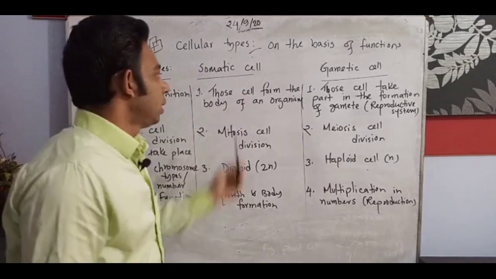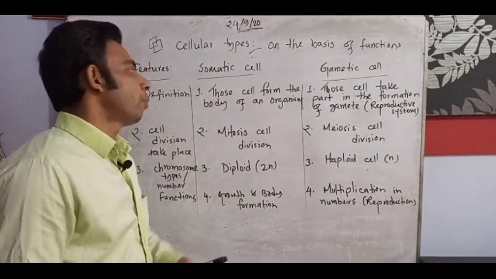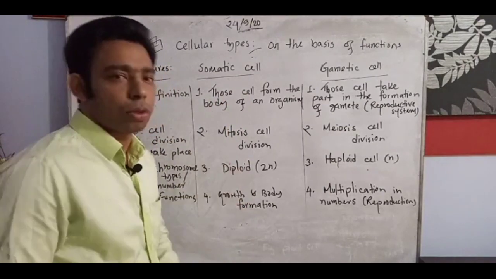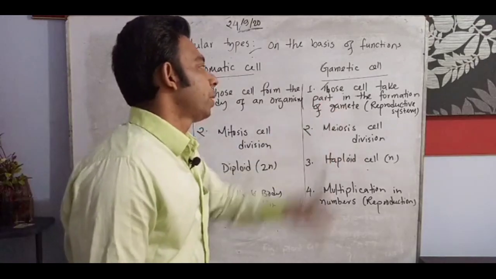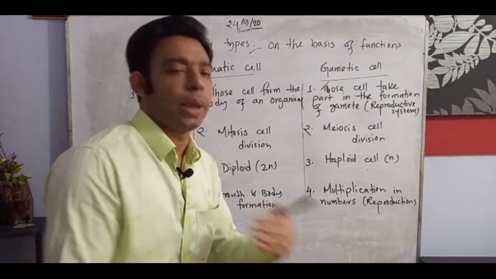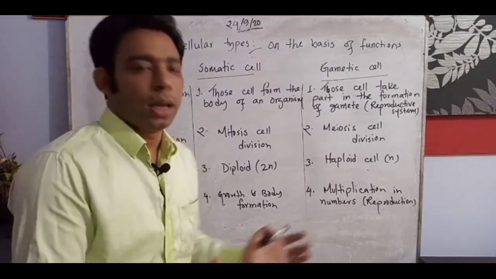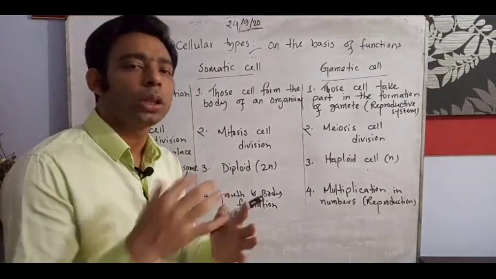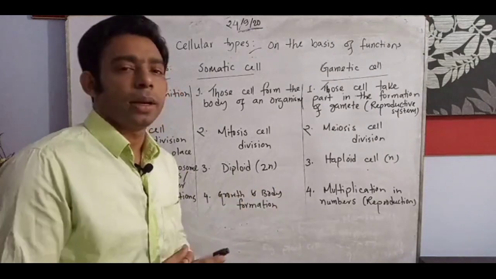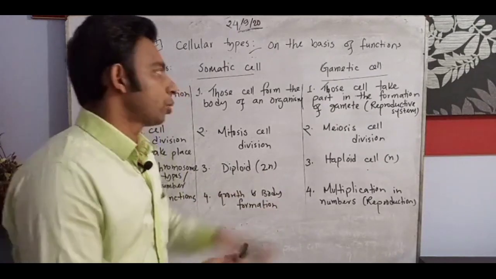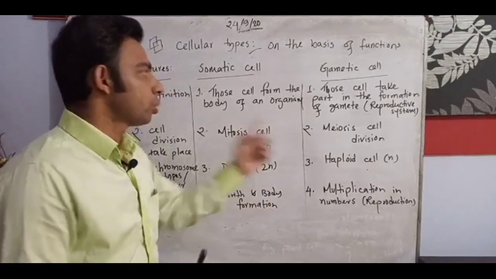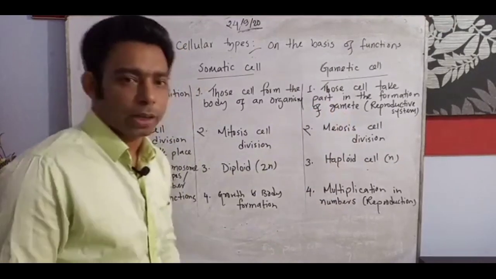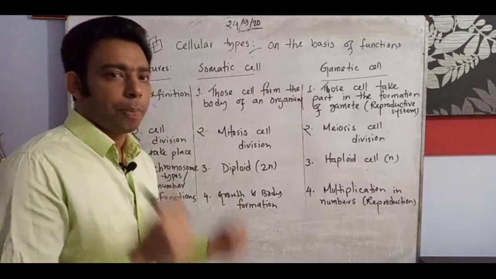Somatic cell, the body cell, we know. So those cells form the body of an organism, is called somatic cell, and those cells take part in the formation of gamete. You know, the male gamete and female gamete in the reproductive system, and on time they are having the conduction of the reproduction. So gametic cell is like that. Those cells take part in the formation of the gamete for doing the reproduction.